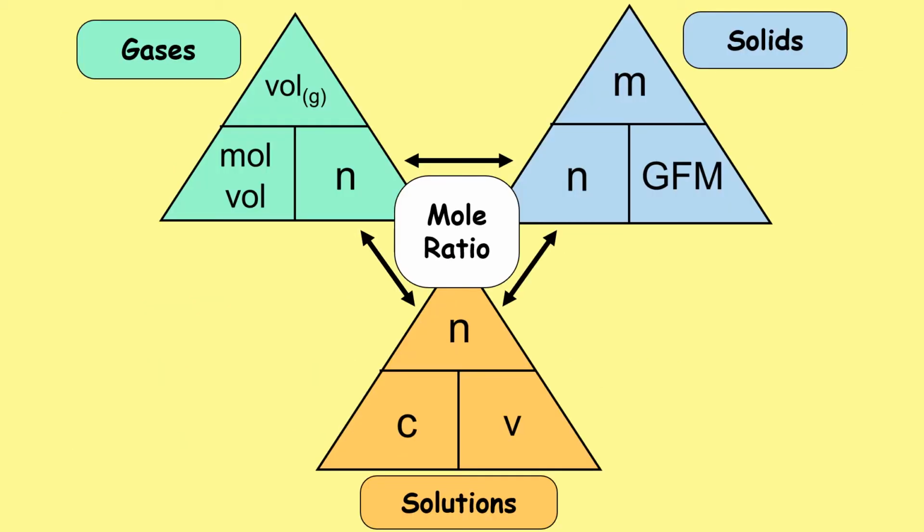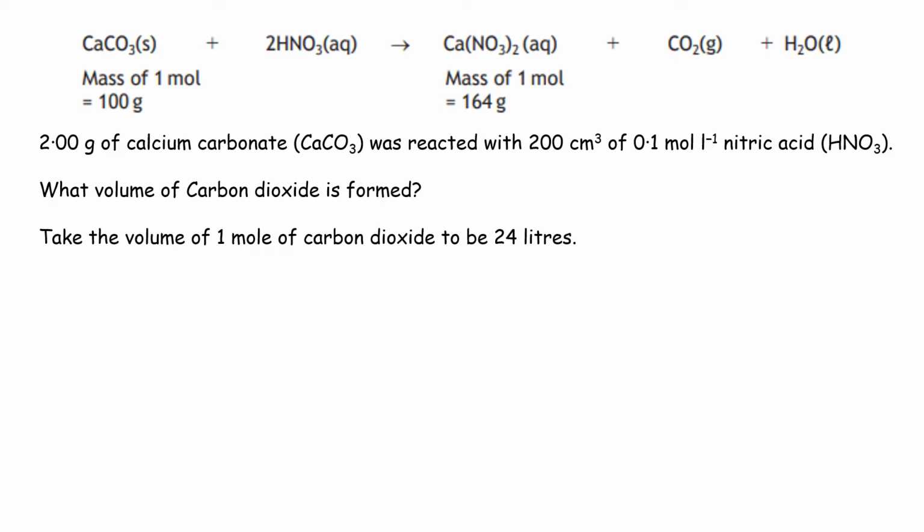For these types of questions, you are going to need to remember the 3 triangles or the 3 types of equations you can use, and make sure that you identify if a chemical is a solid, a solution (aq), or a gas, and pick the appropriate set of equations to use, and always remember to use that molar ratio. So we're going to go through a worked example now.